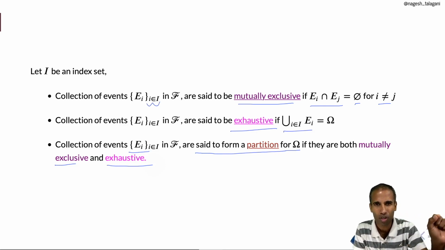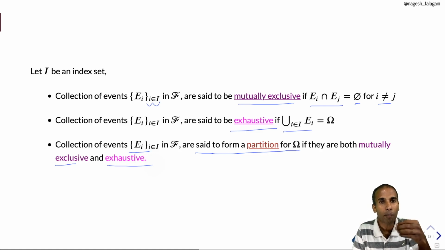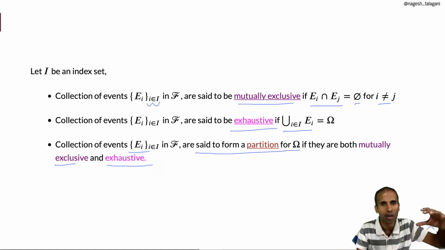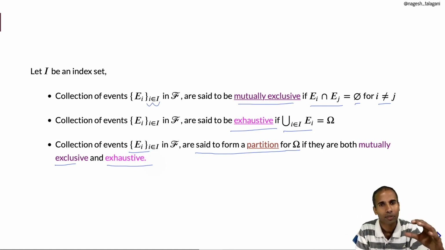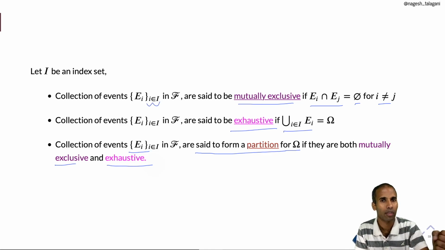Exactly, not more, not less. Such a collection is said to form a partition for omega. The whole omega is divided into parts E1, E2, non-overlapping parts which cover the whole sample space omega. Okay.